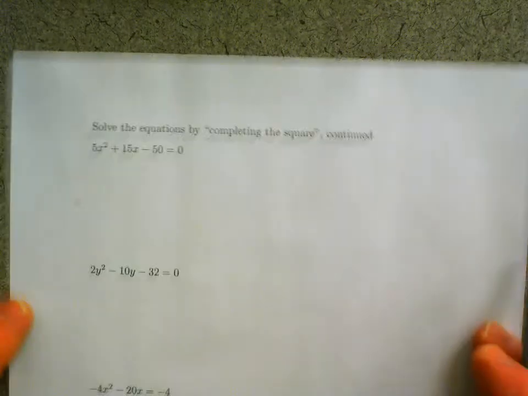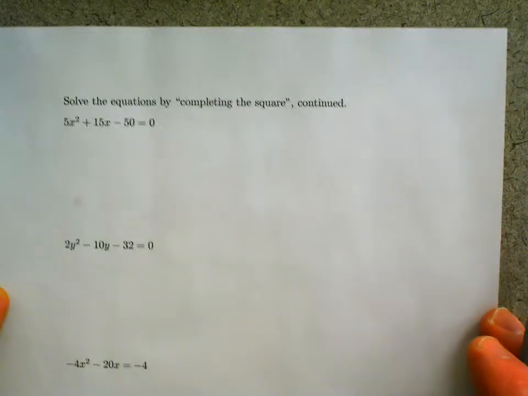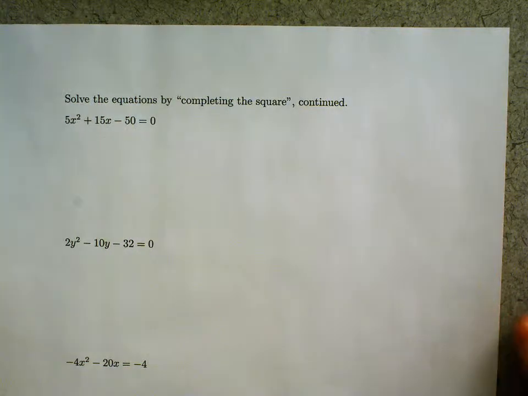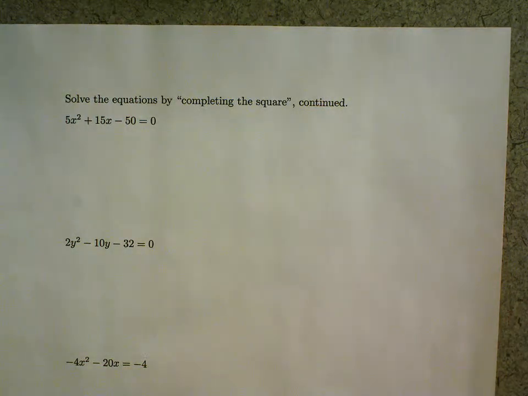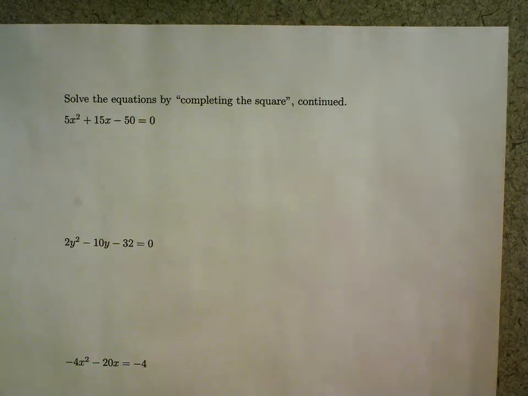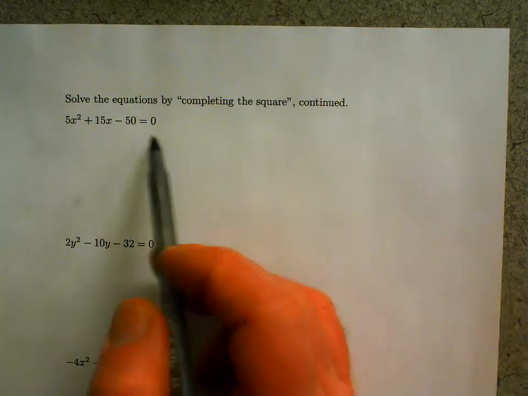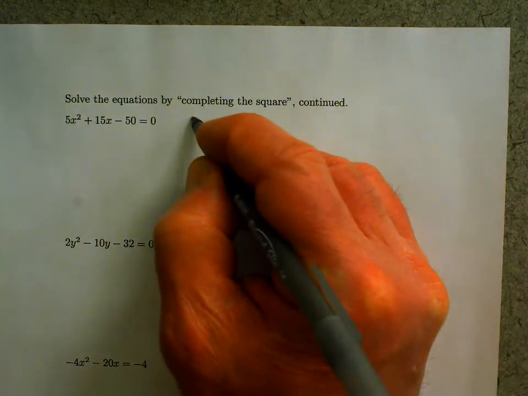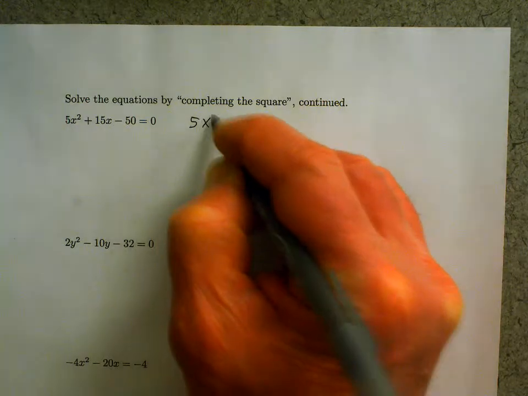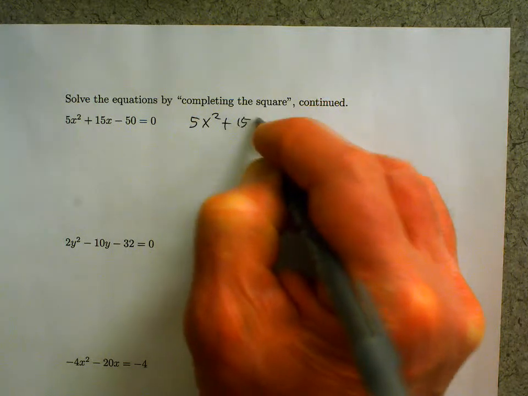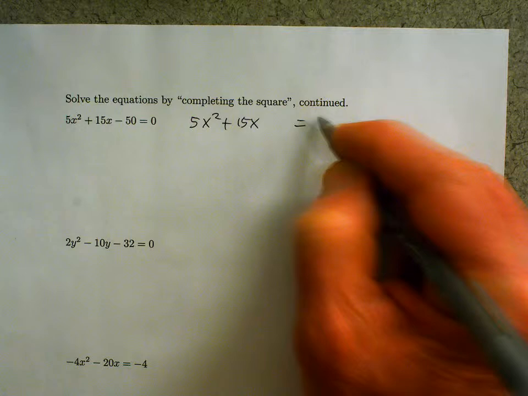All right, next page, same process. Solve by completing the square. 5x squared plus 15x minus 50 is 0. So first, add 50 to both sides. So we get 5x squared plus 15x equals 50.